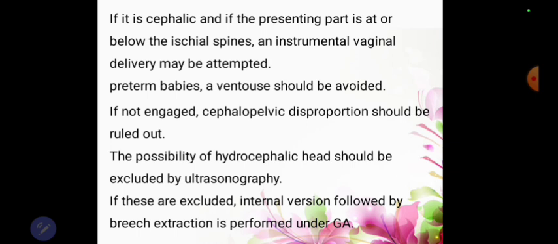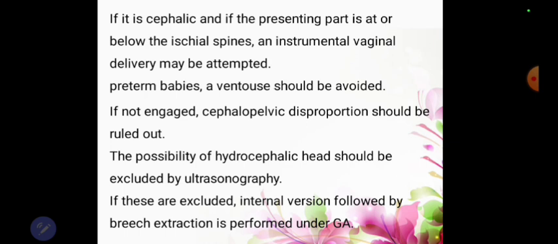If the second twin is cephalic but not engaged, cephalopelvic disproportion should be excluded. Cephalopelvic disproportion, or CPD, is disproportion between the pelvis and this twin, which may be larger than the first. For example, in monochorionic twins with twin-to-twin transfusion syndrome, there is a discrepancy between the birth weights.